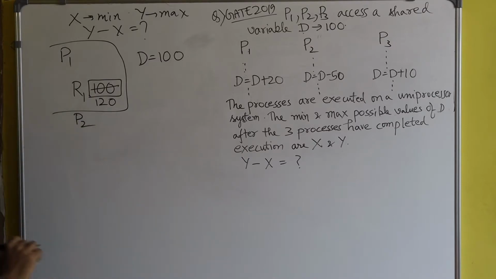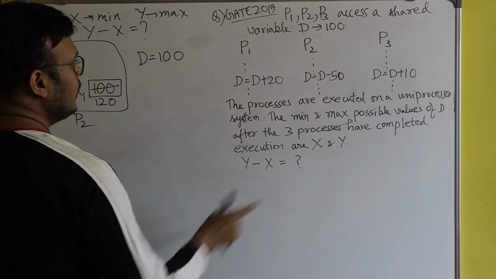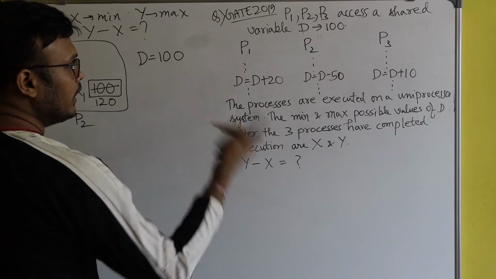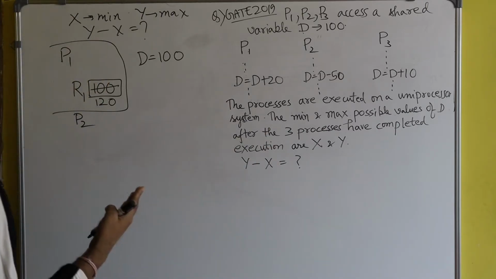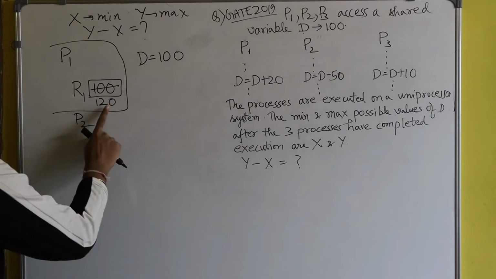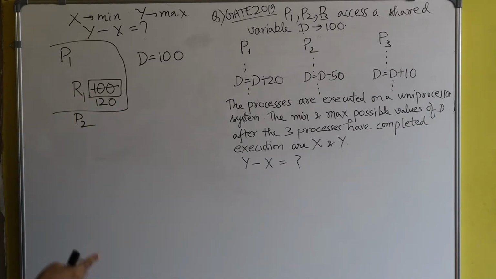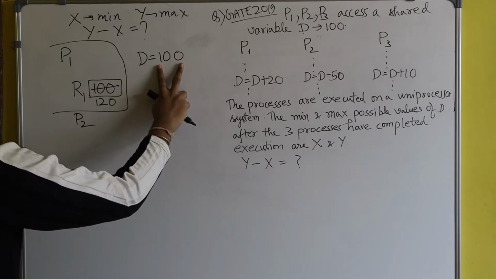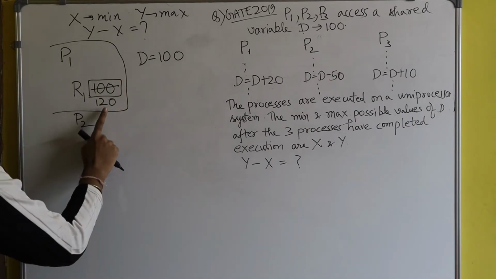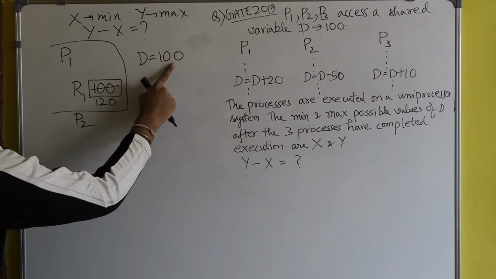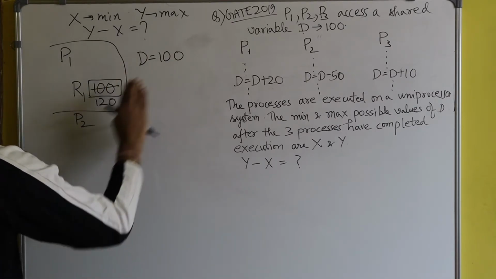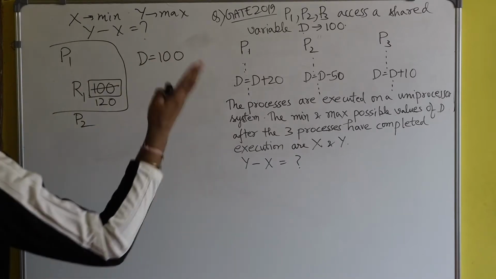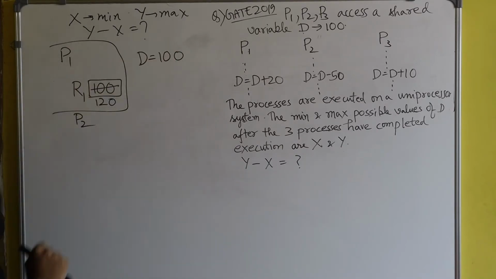Process P2 will read the value of D and decrement it by 50. What will P2 read, 120 or 100? Obviously P2 will read 100, not 120, because 120 has not yet been stored back to the variable D. So for P2, the value of D remains 100.